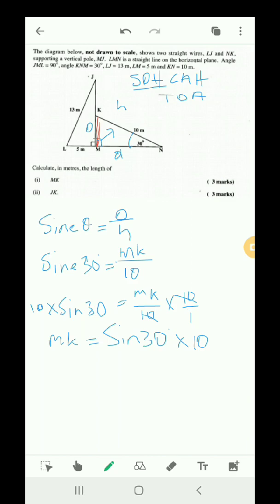Now sine 30 degrees is 0.5. Multiply that by 10 and we get 5. So we found the length of MK. We've completed the first part of our problem. MK is 5 meters.